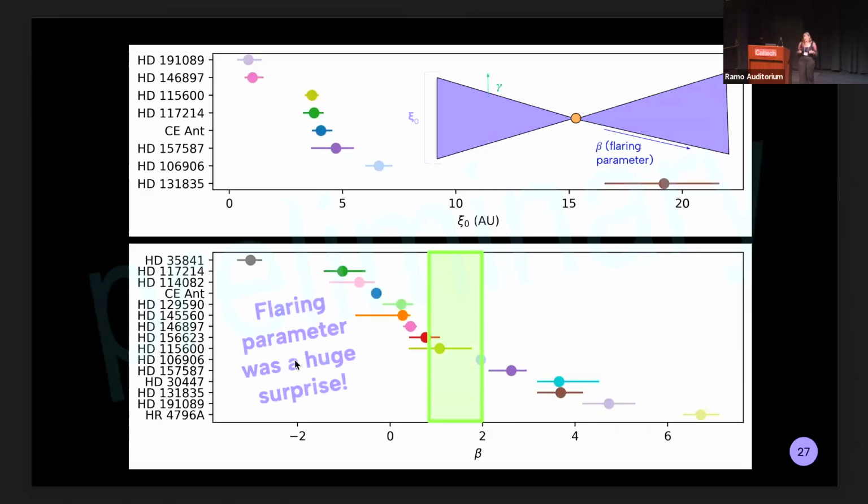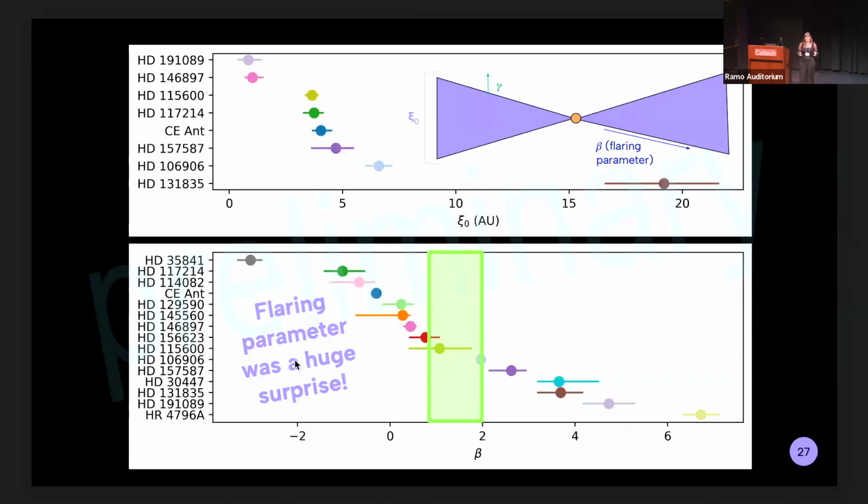And in our injection and recovery tests so far, we're able to retrieve negative values of beta for disks that we make that have negative values of beta, so we don't think this is an artifact of the model. And yeah, some of these have a negative value of beta, which implies that the disk, instead of going out, goes in, and that's something we're still trying to make sense of. But it's a fun surprise that we got from this.